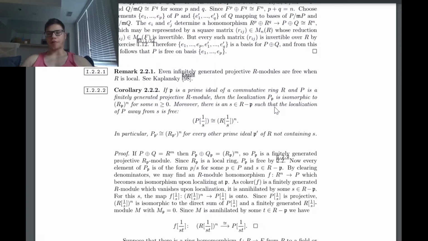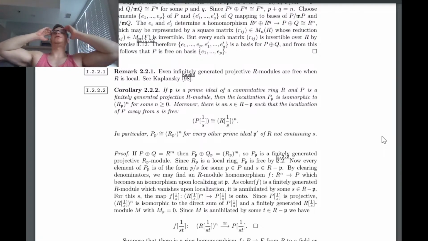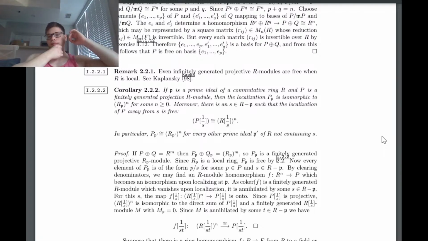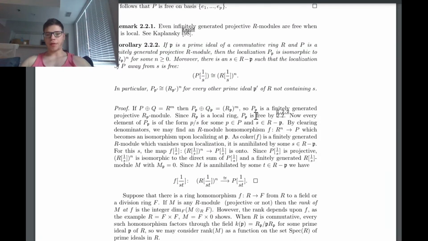This is also an exercise I did in commutative algebra. Moreover, there is S in R minus P such that the localization of P away from S is free. This is the exercise that I spent way too much time on: P is projective if and only if P is locally free, if and only if there is a set of elements that generate the unit ideal such that the localization at each of those elements is free. So this is kind of similar.